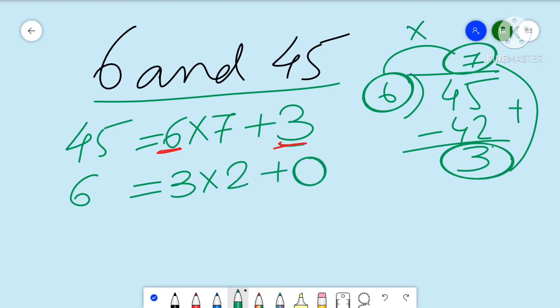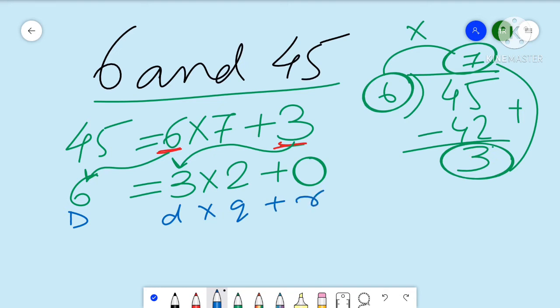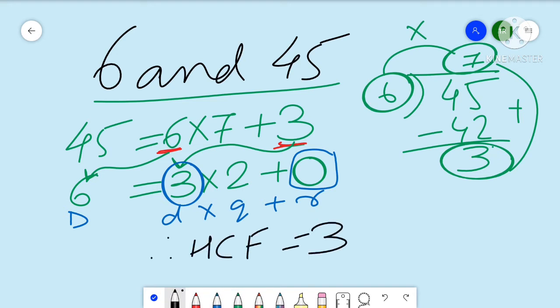The remainder becomes the next divisor, and 6 becomes the dividend now. Here 6 is the dividend, 3 is the divisor, 2 is the quotient, and 0 is the remainder. Here we have got our required remainder of 0. When you get the remainder as 0, you always consider the divisor as the HCF. So therefore HCF will be equal to 3.